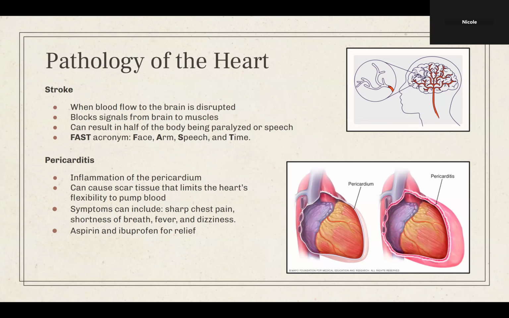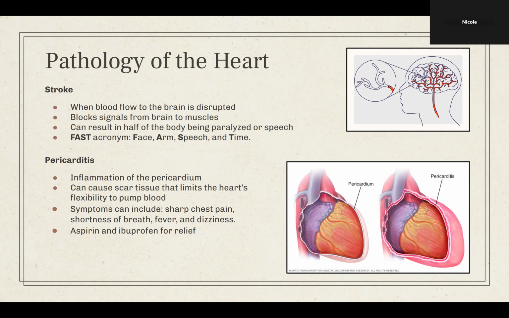When there isn't enough blood to the brain, it causes some brain cells to die, and this affects the function of that brain. And since some parts of your brain control the motor functions of your body, like how it moves, if there isn't enough blood in the brain, then it's not able to send signals to those parts of your body.